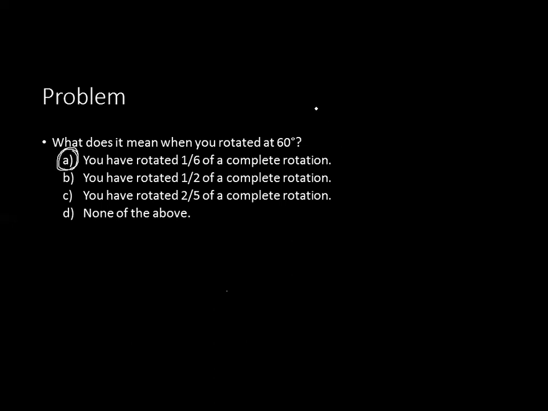Why A? Remember that 1 degree is equivalent to 1 all over 360 of a complete rotation. All right, let me write that here.